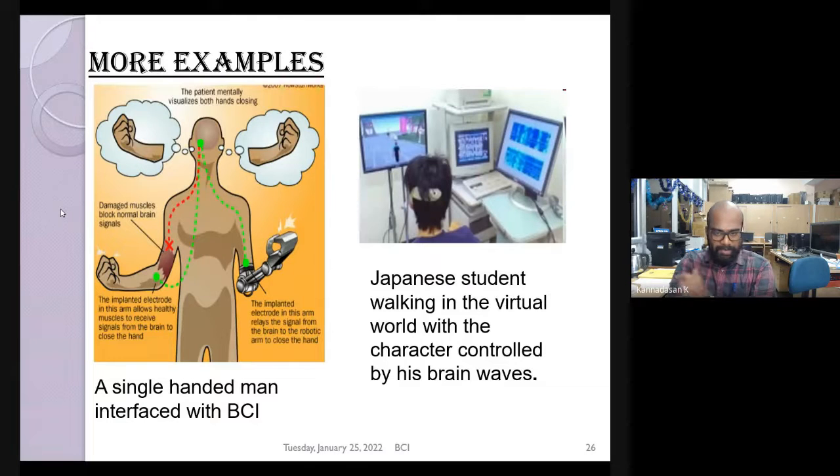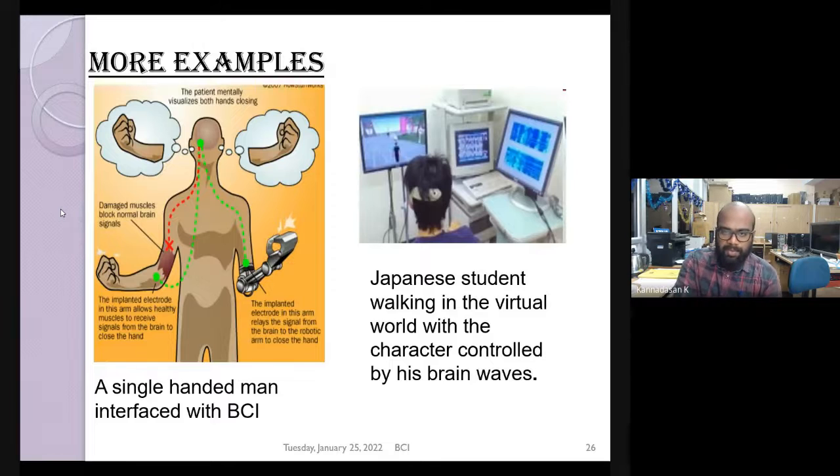Signals will be coming from here, but the muscle in this area is damaged, so whatever signal is being generated won't get passed through this area. If the signal is getting blocked here, you can't control your arm and fingers.